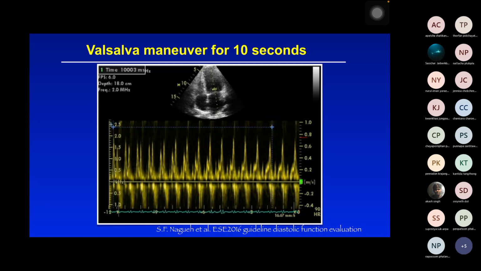This group of patients is grade 3 diastolic dysfunction. We perform the echo using the Valsalva to imitate the clinical picture of a patient who has high LA or high LV filling pressure. Have you got this one?